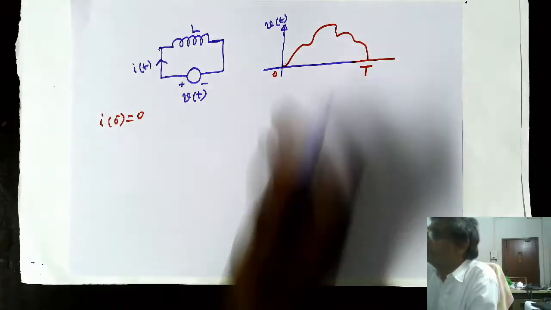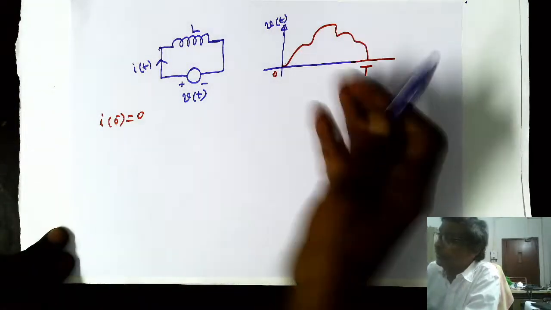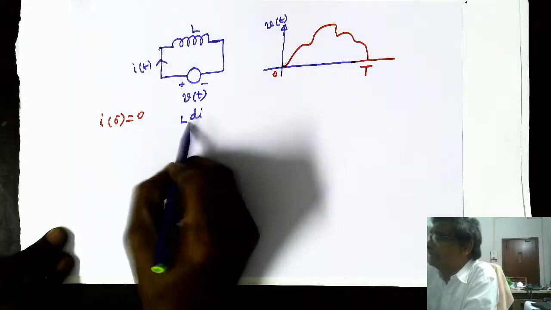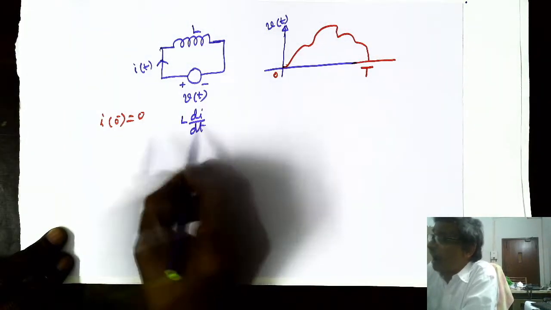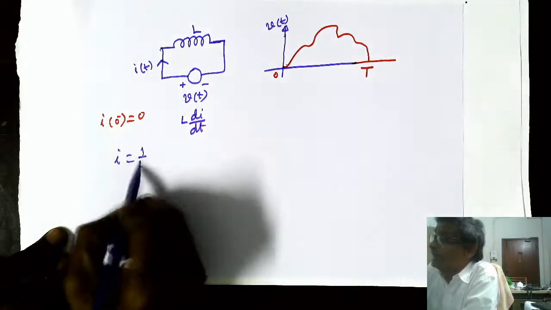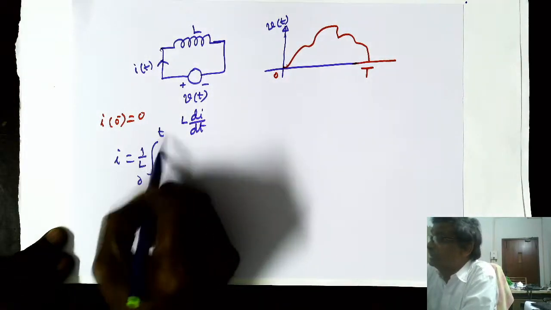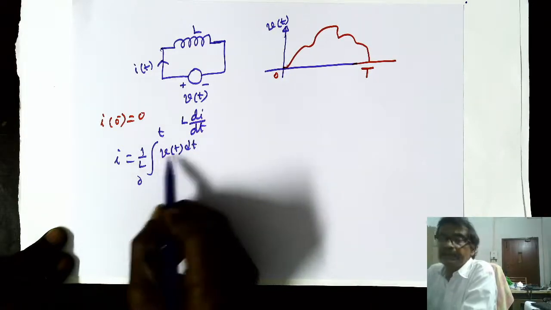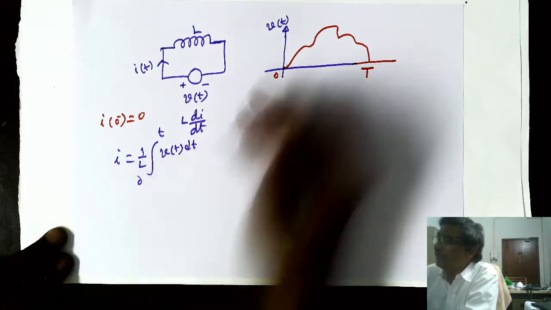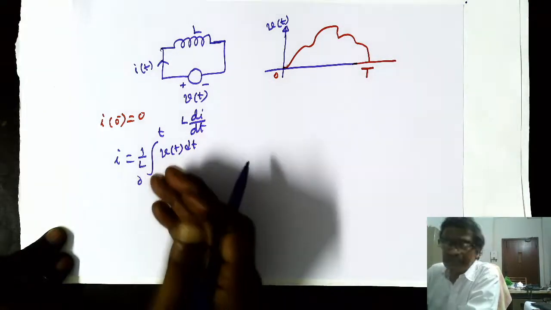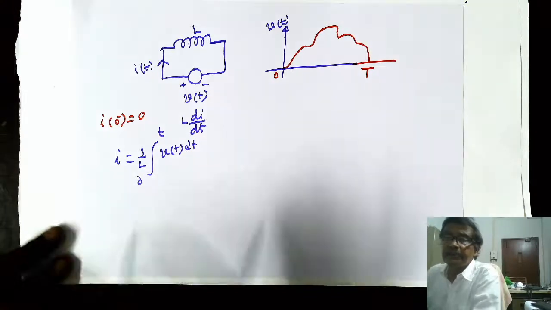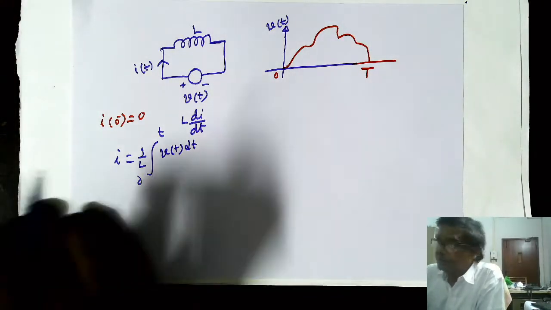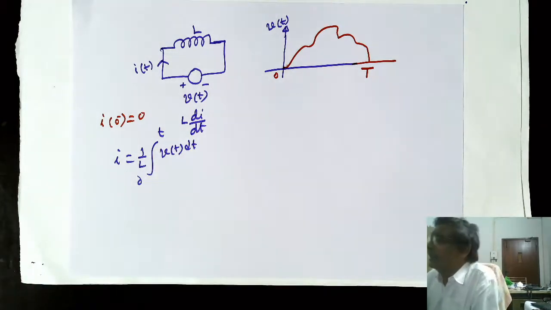Unless this equation is known, it will be very difficult for me to solve for It, because I is after all 1 by L integral 0 to t of v dt, not Vt dt. So if you can express this Vt in this form, I can then integrate it and get the correct expression for current, as I have done in the earlier case.